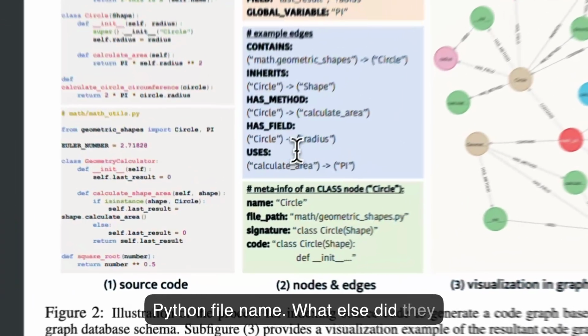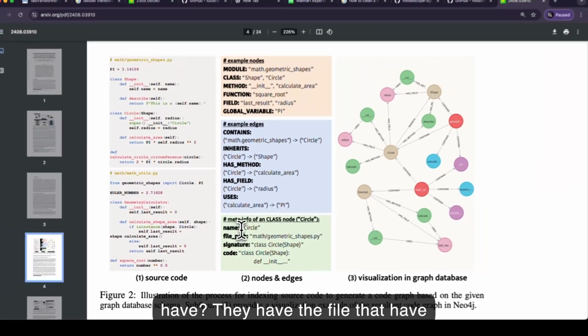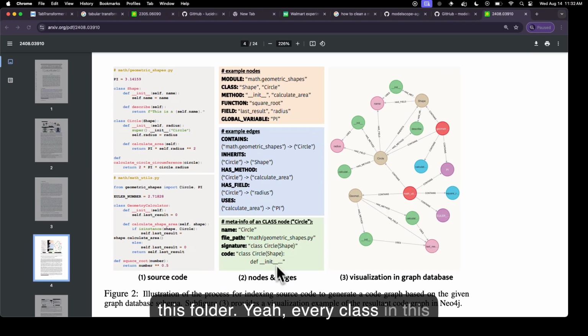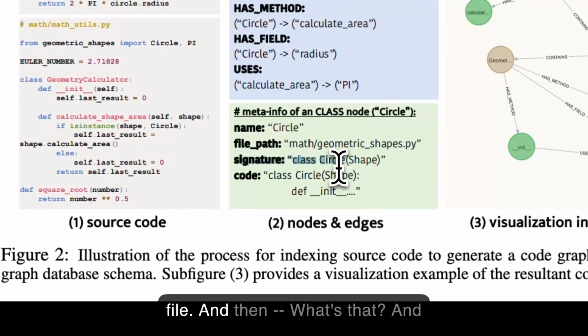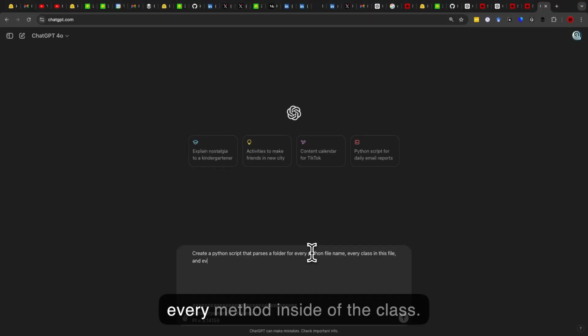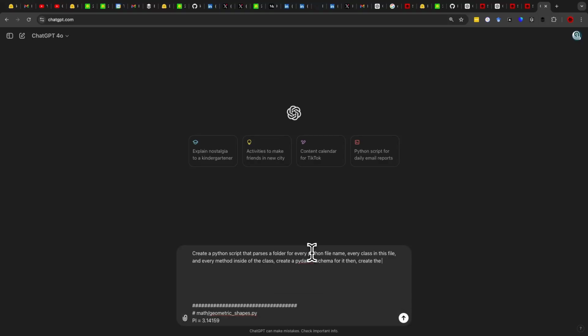What else did they have? They have the file, they have the name, every class in this file, in this folder. And every method inside of the class. Create a pydantic schema for it, then creates the script.